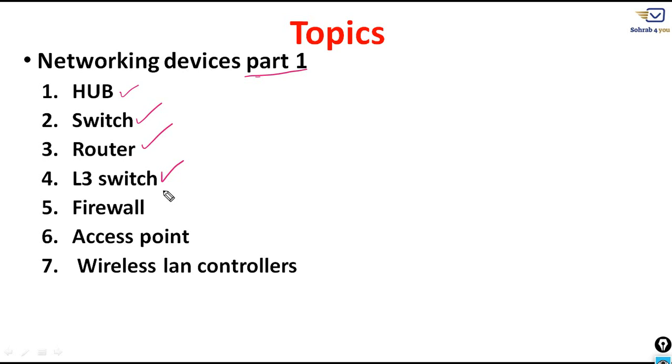As a network engineer, or as a Cisco student, we should know the basic stuff. For example, what is a hub, what is a switch, what is a router, and what is a layer 3 switch. So let's get started.